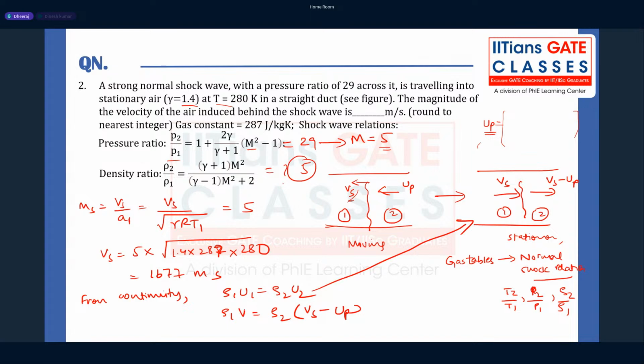So I know my Vs, I know my rho 2 by rho 1. I just have to find my Up. Can anyone tell me what is my Up? You have everything: rho 2 by rho 1 and Vs. So you just have to find Up.